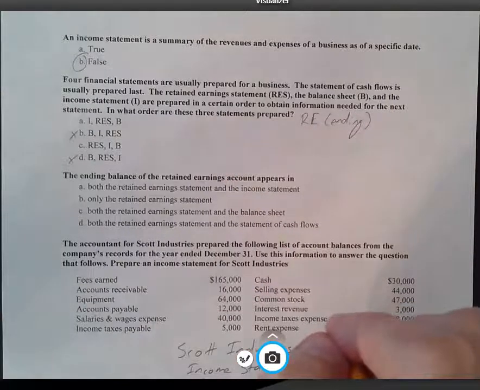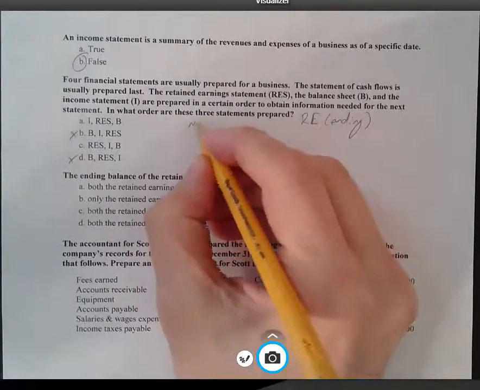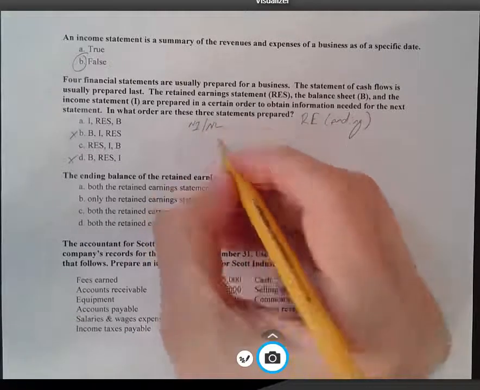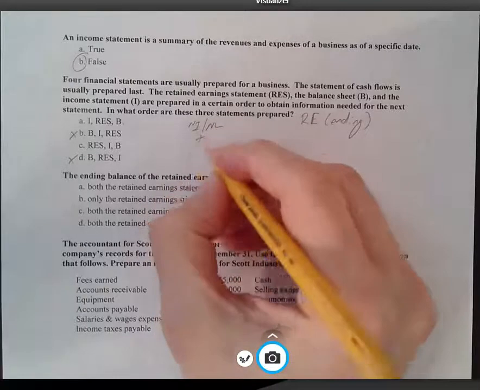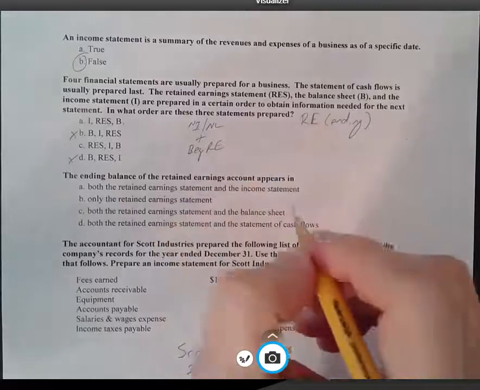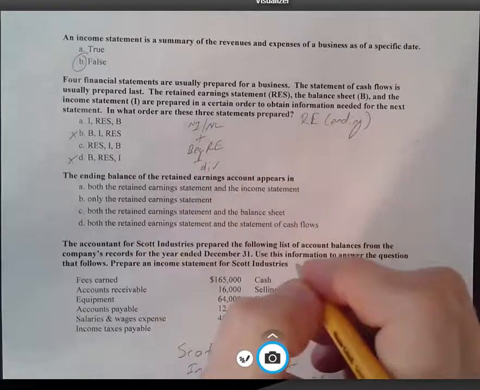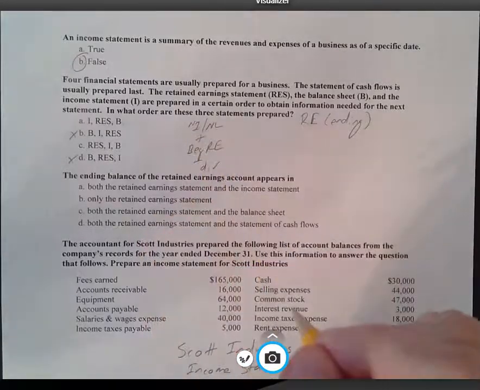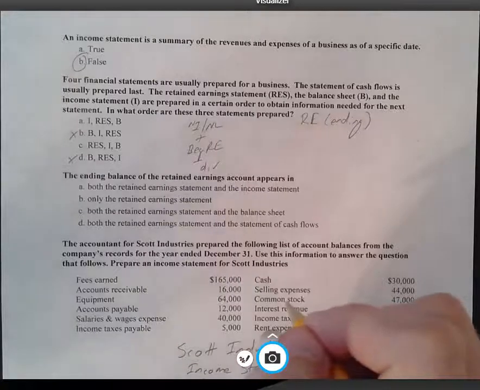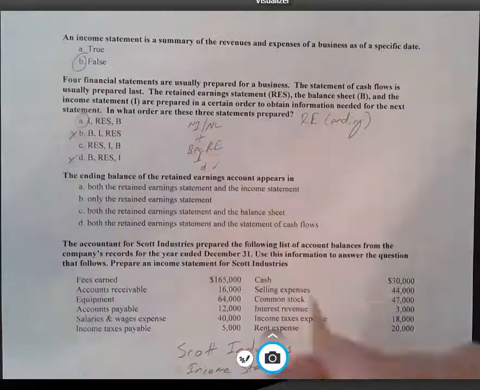As far as where it all starts, if we think about the retained earnings statement, it is net income or net loss for the period plus beginning retained earnings minus any dividends that are paid. Where does net income and net loss come from? It comes from the income statement. Okay, so that makes choice A our correct answer.